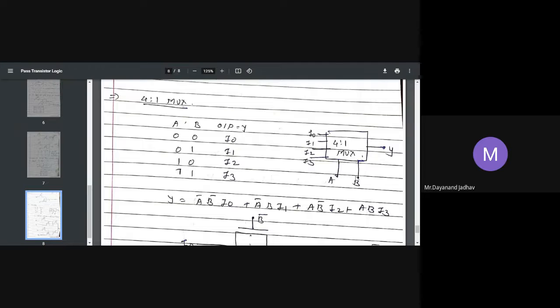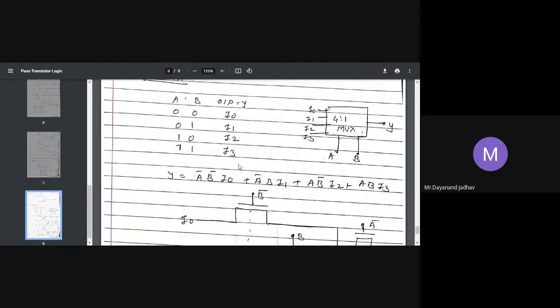When select lines are 0, 0, I0, the first input, is in the output. When select lines are 0, 1, I1 is in the output. When select lines are 1, 0, I2 is in the output. When A equal to 1, B equal to 1, I3 is in the output. Just like that, we consider the output of the 4 to 1 mux: A bar B bar I0 plus A bar B I1 plus and so on.